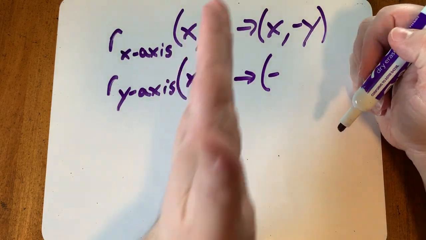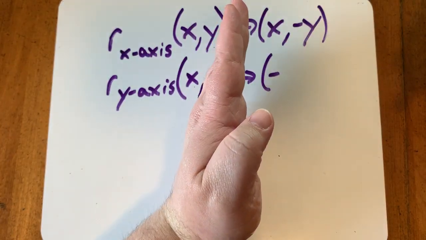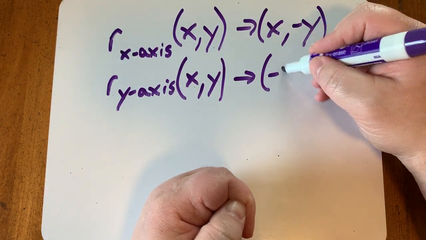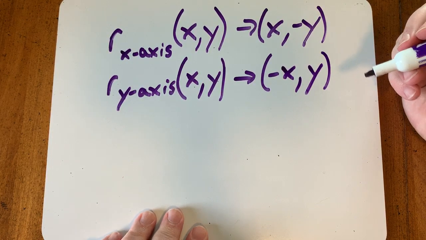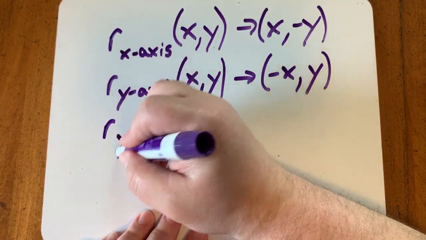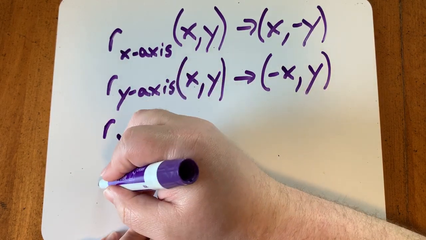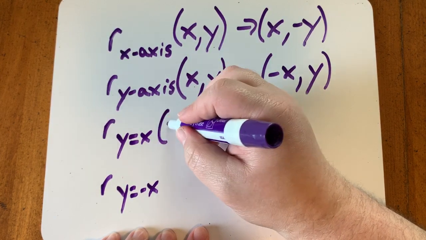It will be reflecting over the vertical, so you're going from the right to the left or the left to the right. So horizontally is what's the opposite, and vertically there's no change. A couple other easy lines to reflect over are y equals x and y equals negative x.